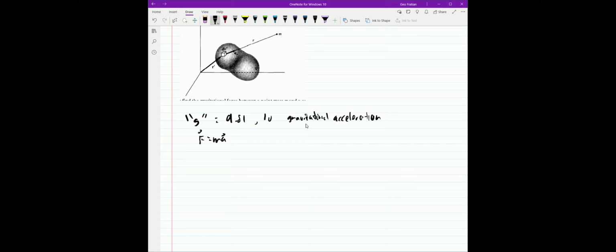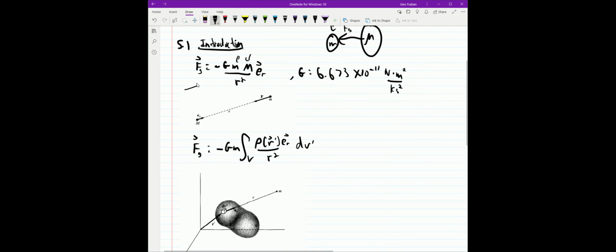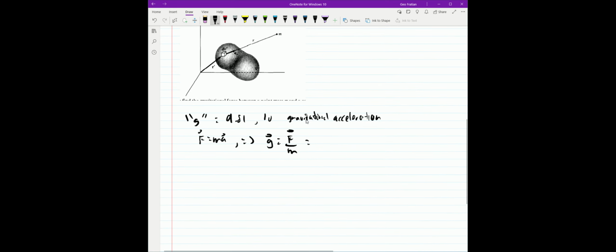If a is our acceleration vector, or the gravitational field vector, g is defined as the force over m, which if we plug in our equation from above, we get negative G M over r squared er, where the little m's cancel out.